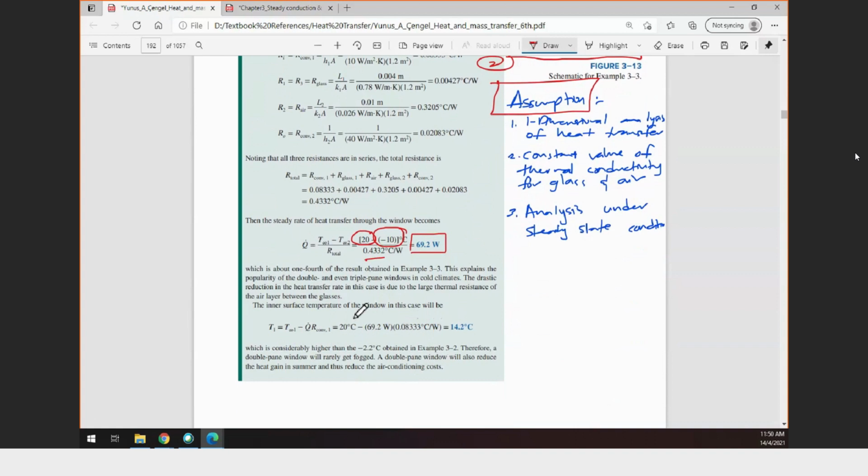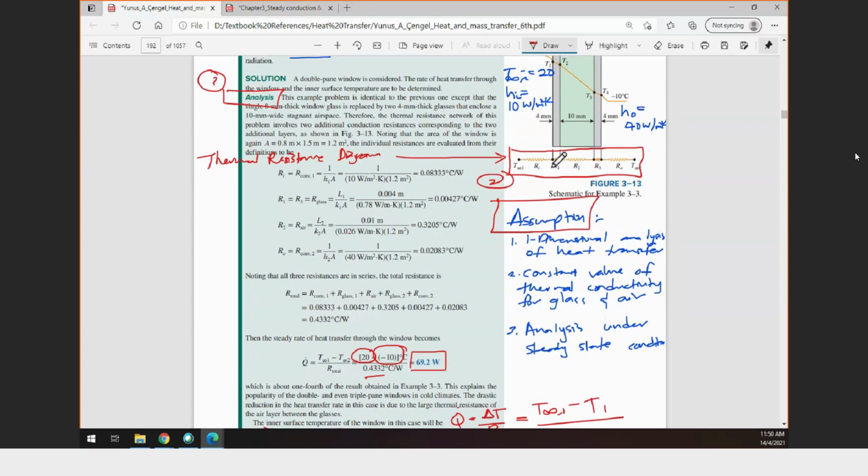So this means the inner surface temperature can be calculated if you know the Q and the resistance corresponding within this temperature difference. Originally this is Q dot equals delta T divided by R. If you want to find the difference between T1 and T1, where is the T1?